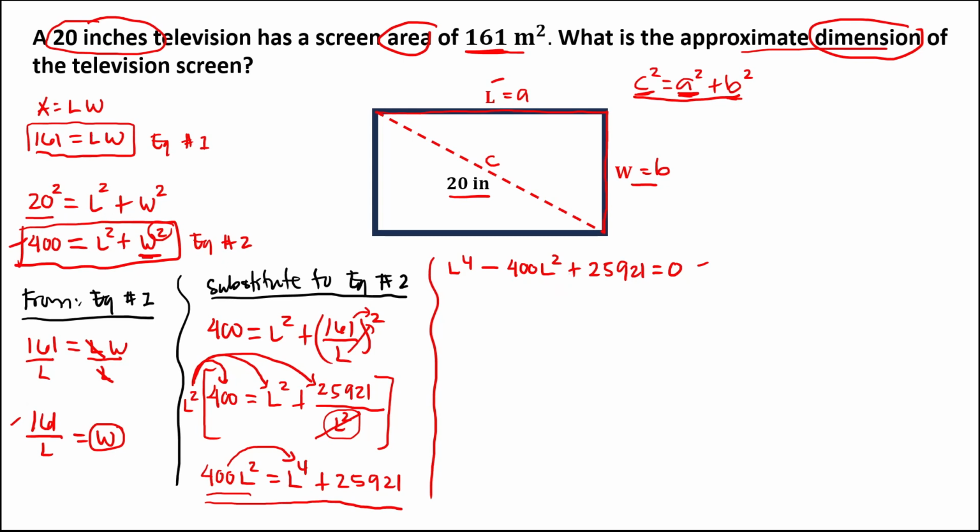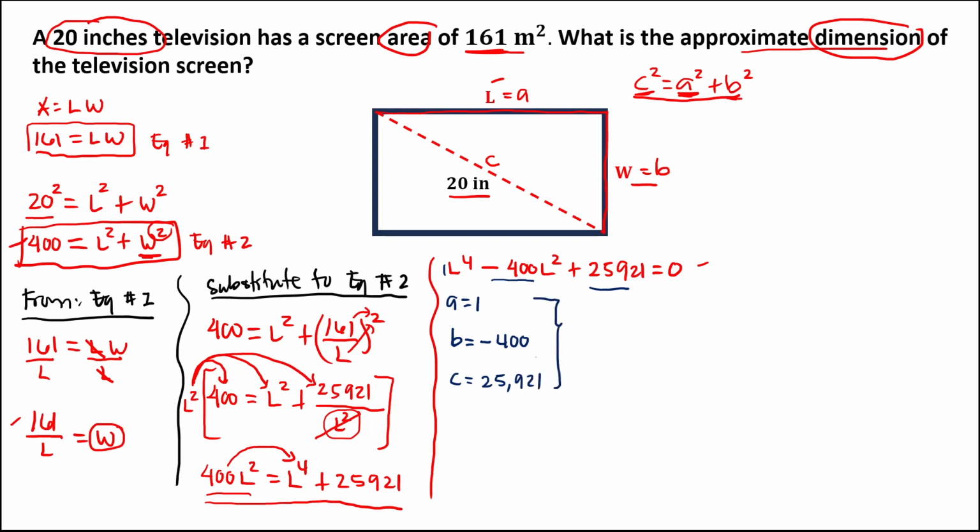But first, we need to find the values for A, B, and C. From this equation, A equals the coefficient of the first term, that's 1. B equals the coefficient of the second term, so negative 400, and C is the constant, which is 25,921.